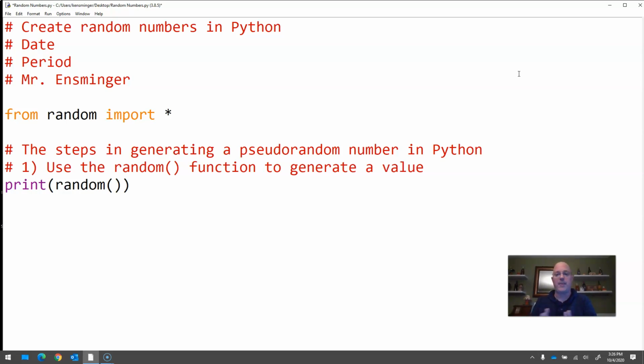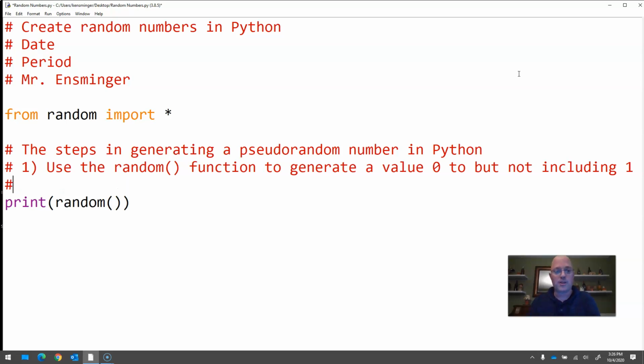Depending on what level math you're in, this may look a little bit different, but I'm going to do a number from 0 up to, but not including, 1. So it could be anything from 0 up to 0.999999999, all the way, but never get to 1.